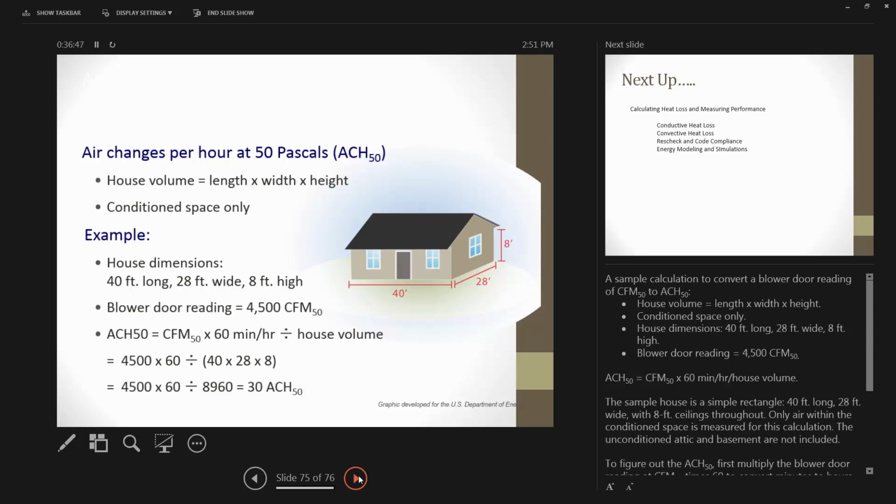But one of them might have no air sealing in the rim joist between the first and second floor, and no air sealing in the attic, and that's where 60% of your air leakage is coming from. And the other one might have windows and doors that don't have any air sealing.